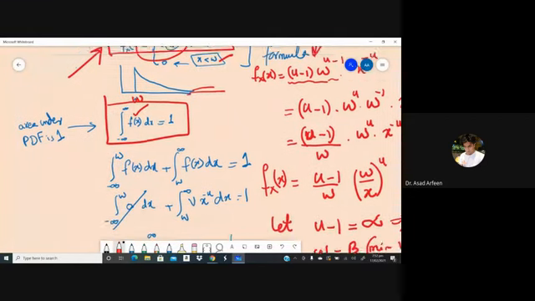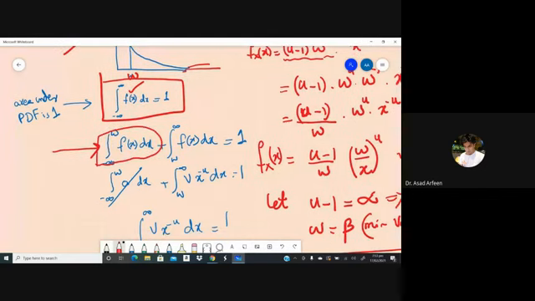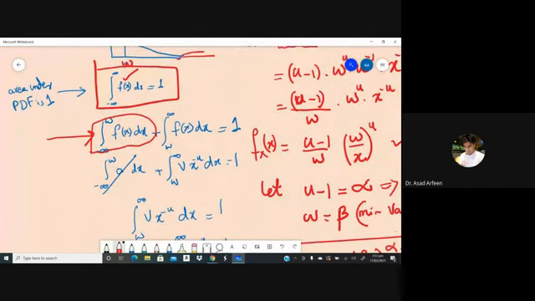Okay, so then I just broke the limit into two parts, minus infinity to w and then w to infinity. And obviously you all know that this part is zero because there is no probability mass in here. And then this part is behaving as a power law.